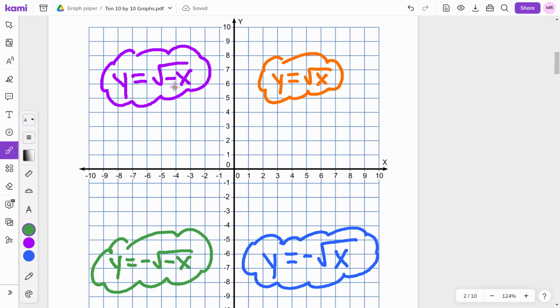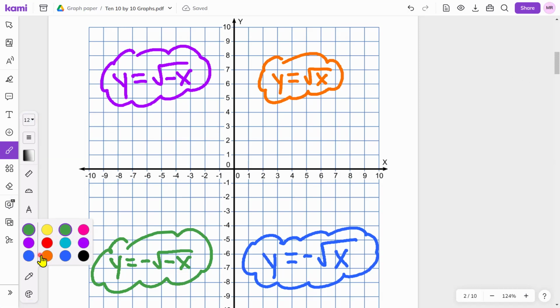When I put a negative in here, the results I got for my positive x's, I'm now going to get for my negative x's. So it's going to flip it across the y-axis. And then a negative in front of a negative square root is going to flip this one across the y-axis. So let me graph these ones real quick.